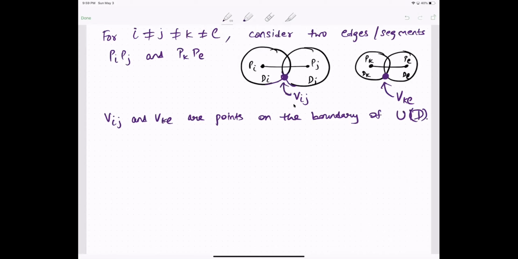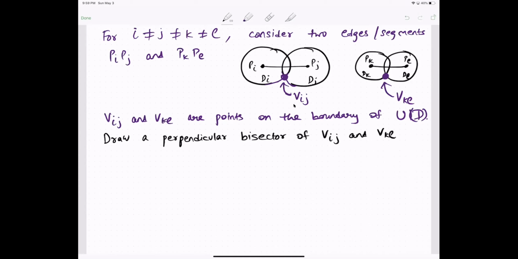Okay. So now, do you remember what perpendicular bisector means? So that's what we're going to do. Now we want to show that these segments PiPj and PkPl don't intersect. So the whole work will be towards showing that. So draw a perpendicular bisector of Vij and Vkl.